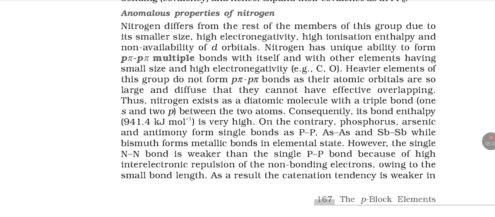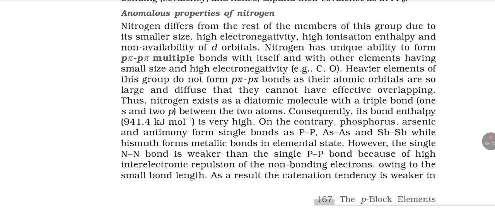Heavier elements of this group do not form p-pi p-pi bonds as their atomic orbitals are so large and diffuse that they cannot have effective overlapping. On the contrary, phosphorus, arsenic, and antimony form single bonds as P-P, while bismuth forms metallic bonds in the elemental state.